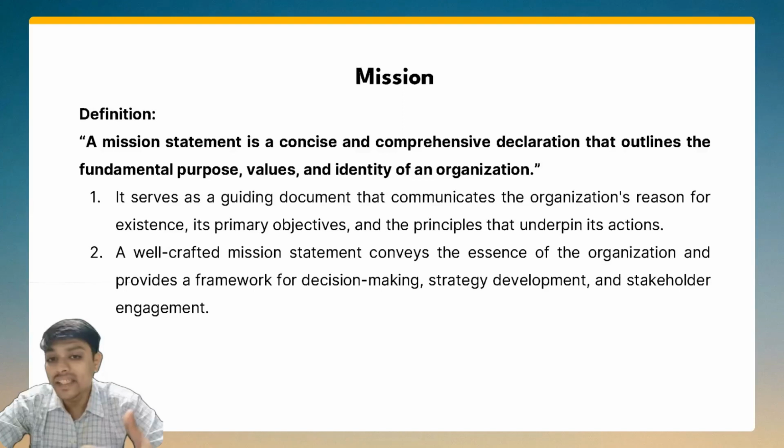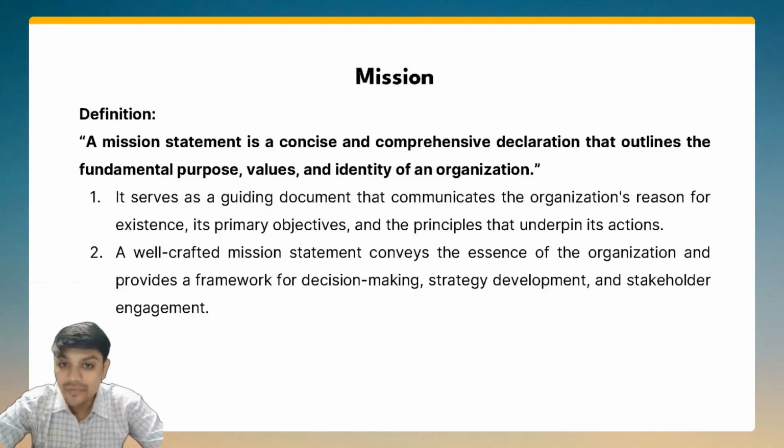It outlines the fundamental purpose. It gives the reason for the existence. Second, we have talked about the primary objective. Primary objective is what the organization will strive to achieve, the targets that the organization looks for, and the principles that underpin its action, that is the value system on which the organization will thrive.